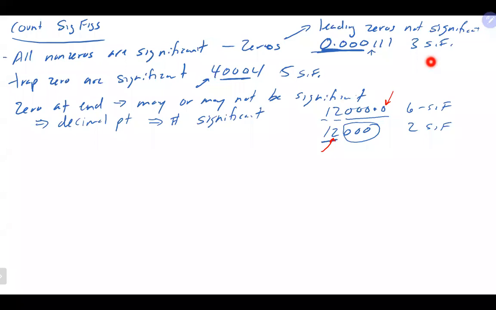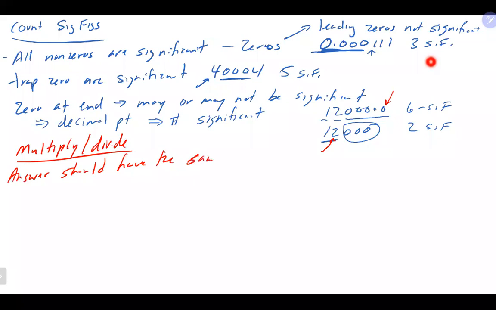We also talked about significant figures in calculations, and a reminder that if you multiply or divide, your answer should have the same number of significant figures as the number with the least number of sig figs.